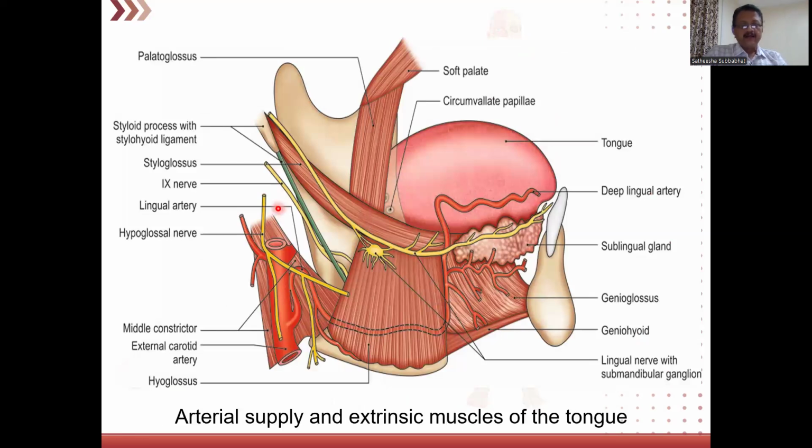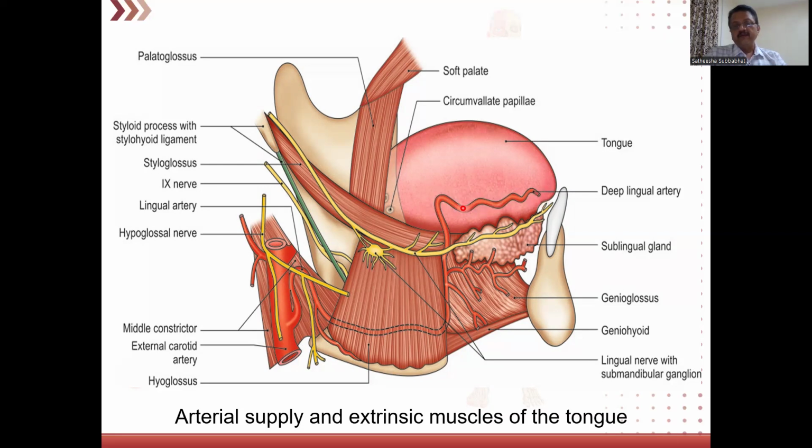So this diagram shows the blood supply of the tongue. So the tongue is supplied by the lingual artery. The lingual artery is a branch of external carotid artery. As it passes deep to the hyoglossus muscle, it gives branches, then it becomes wavy, and then it's called deep lingual artery.